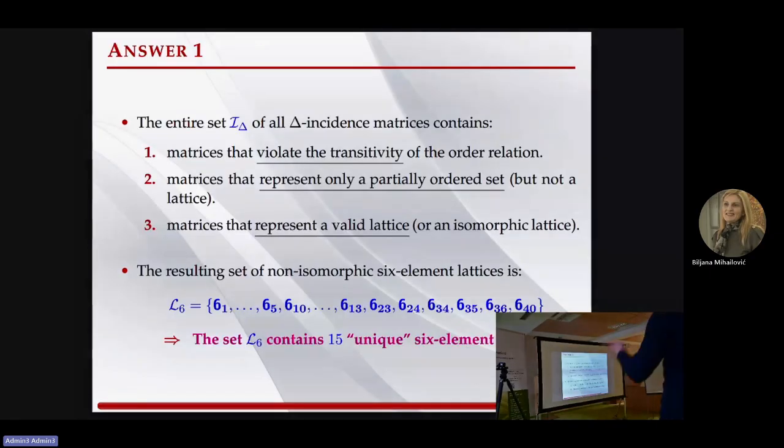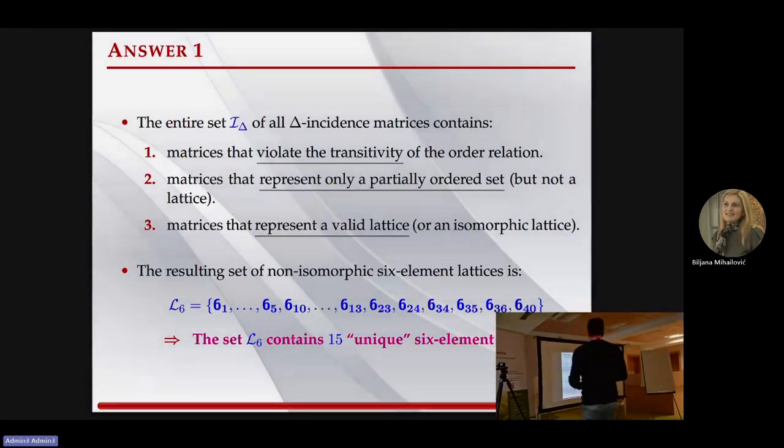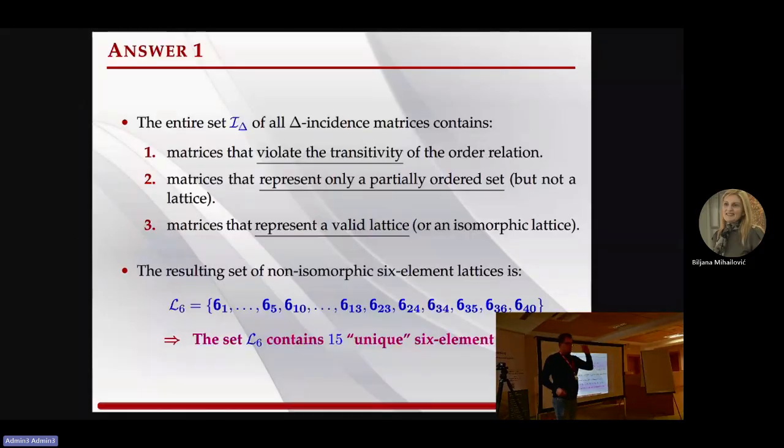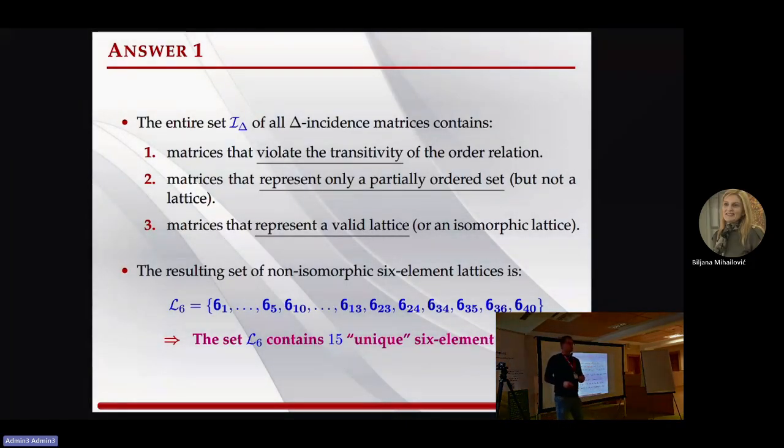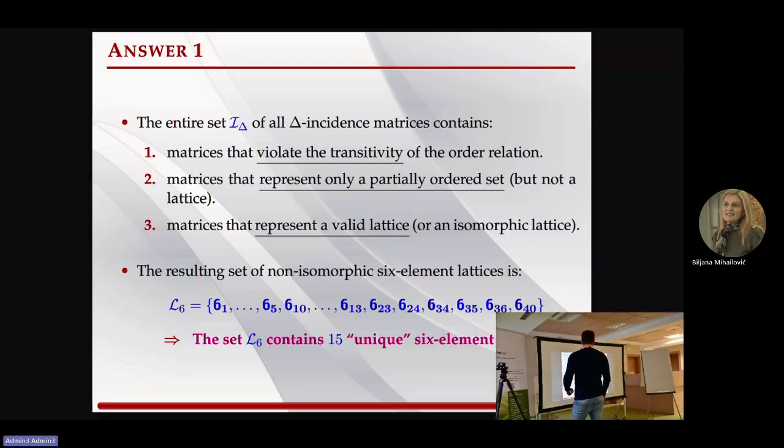So if we return to question 1, we have to add a new problem for the delta incidence matrices. From the entire set of all delta incidence matrices, we have to remove all matrices that violate the transitivity of the order relation. We have to remove all matrices that represent only a poset. And the last one, we have to remove all matrices that represent an isomorphic lattice.